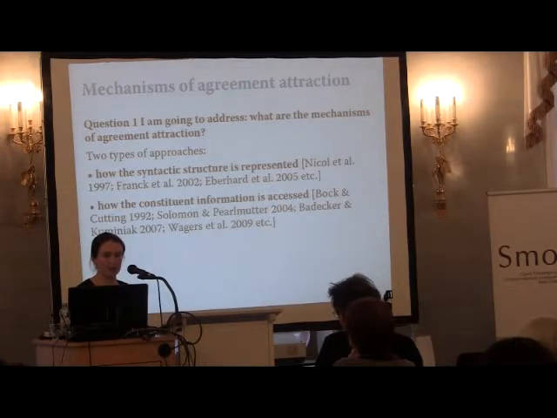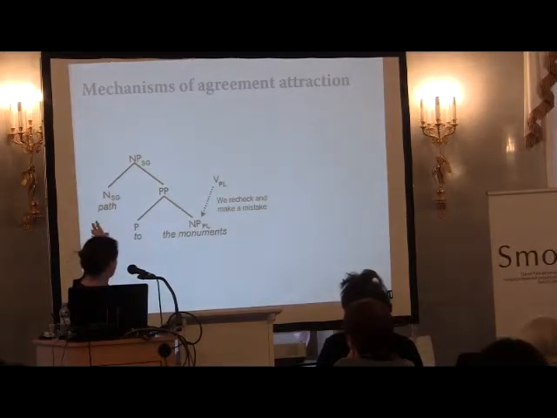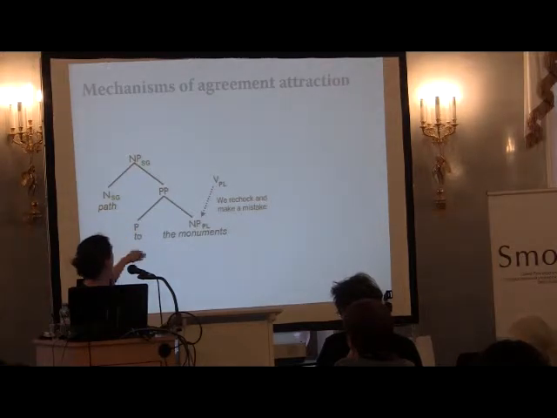They think that it's a matter of how the constituent information is accessed. So more or less, the subject noun phrase is correctly marked as singular because its head is singular. And then when we produce or when we comprehend, we predict that the verb should be in singular too.